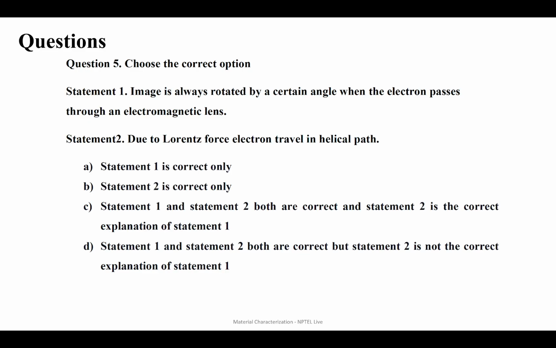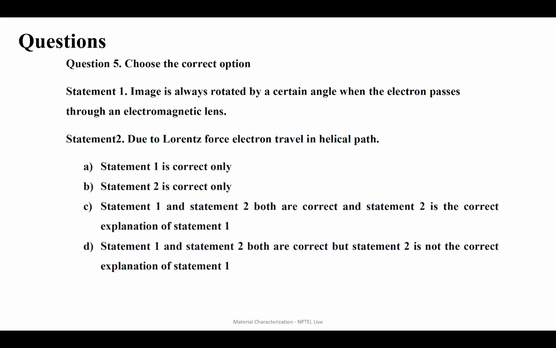Choose the incorrect option. Statement 1: Image is always rotated by a certain angle when the electron passes through an electromagnetic lens. Statement 2: Due to Lorentz force, electron travels in helical paths. Statement 1 is correct only. Statement 2 is correct only. Both are correct and 2 is the correct explanation of statement 1.